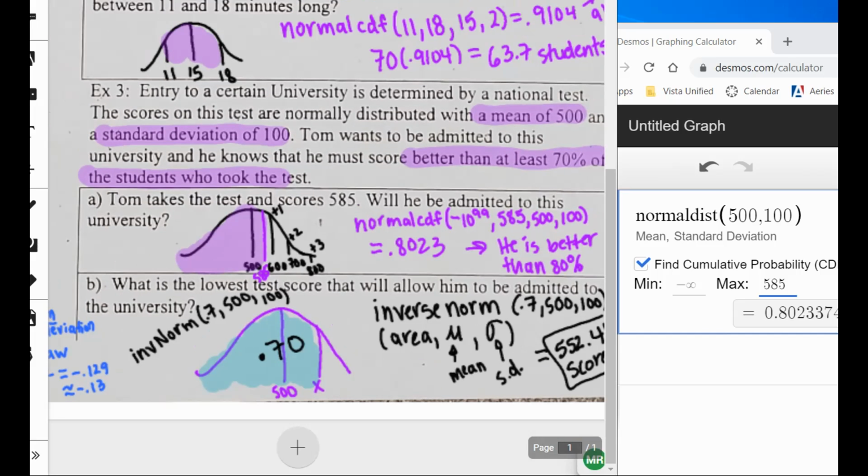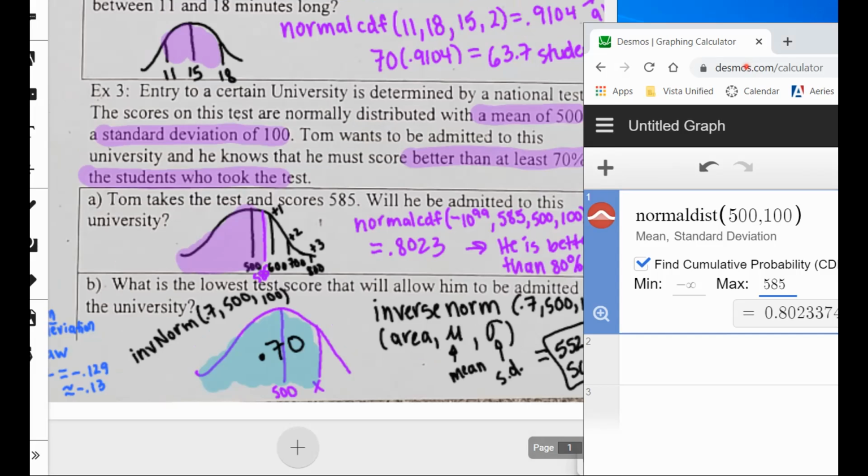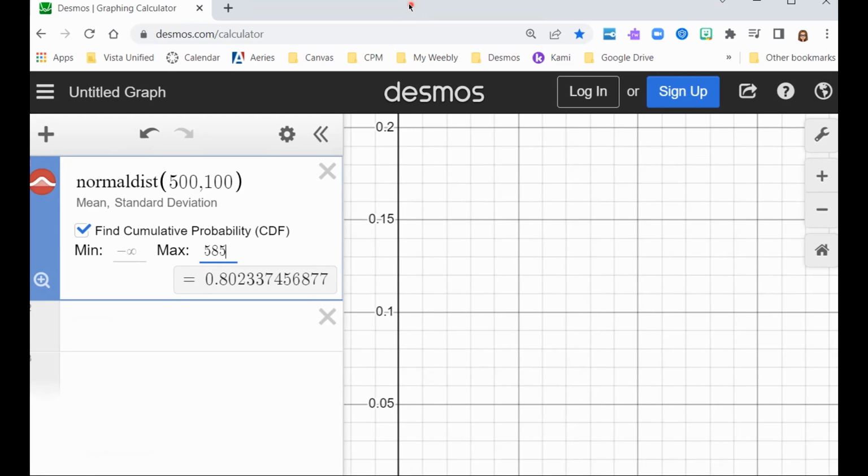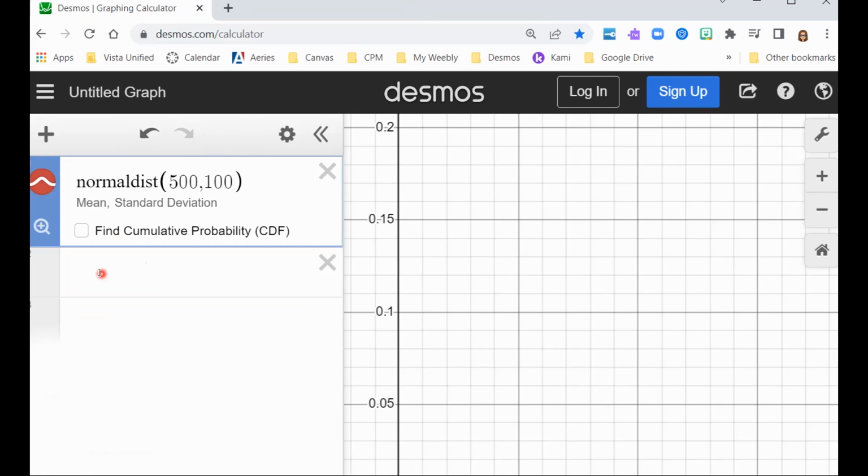Now the next one, we want to know what z-score value do we need for a standard deviation to get 70%. So what I'm going to do, click off of this.